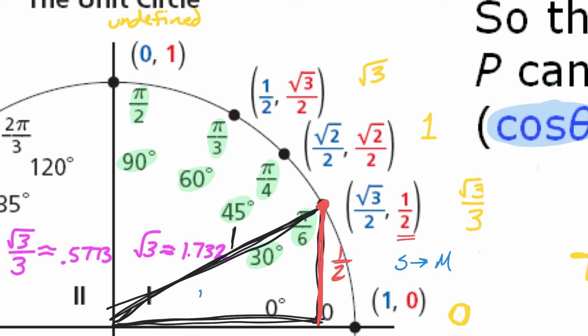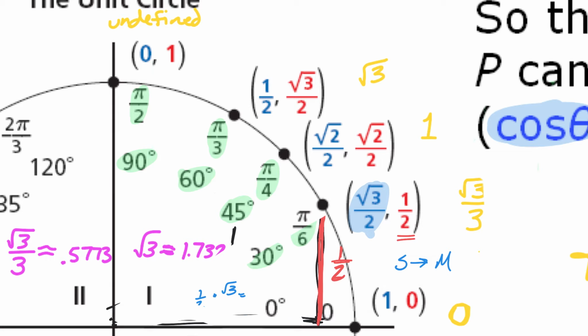So if we have a small side of 1/2 times the square root of 3, that equals the value that we see for the cosine, which is the square root of 3 over 2. So as I said, this is really just a shortcut way of recognizing all of these things about the 30, 60, 90 triangles.